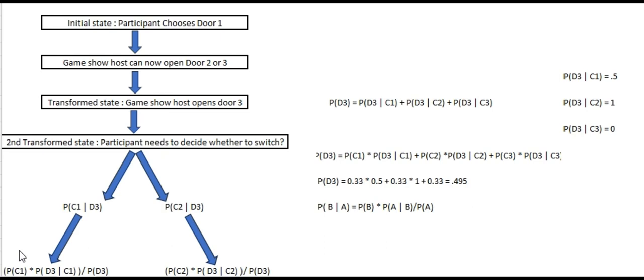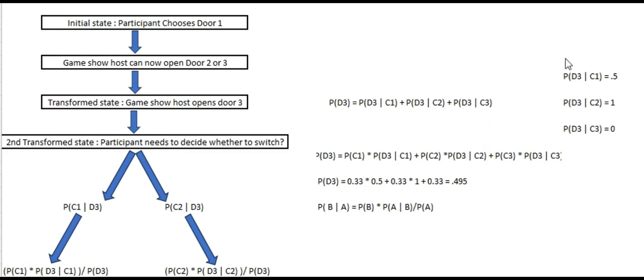We already know what is the probability of opening door 3 given that the car is behind door 1, and likewise we know the probability of opening door 3 in general. Similarly, on the right hand side, we know what is P of C2, we know what is the probability of D3 given C2, and what is the probability of D3 in general.